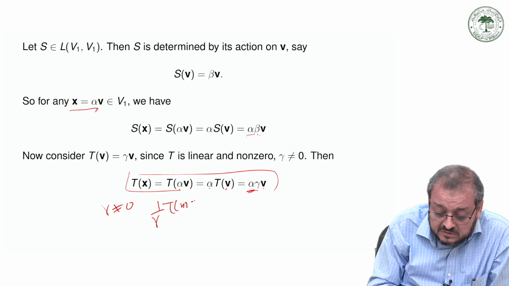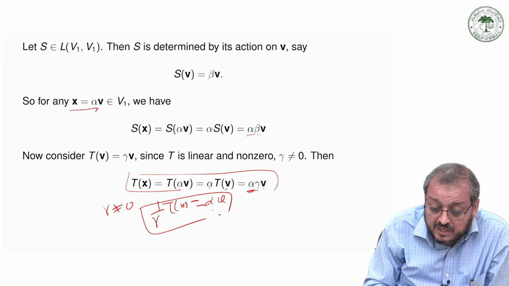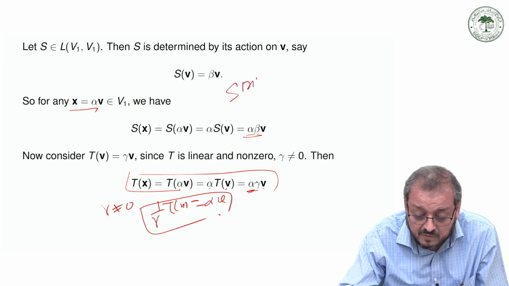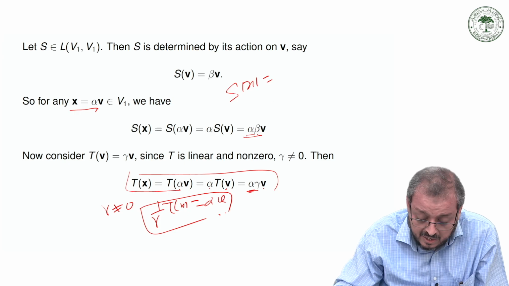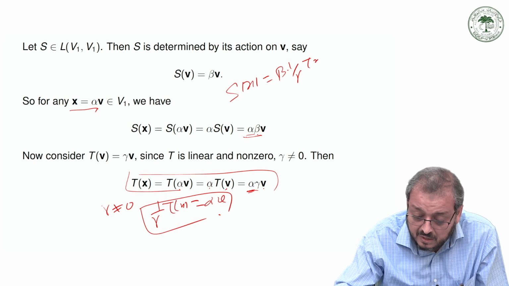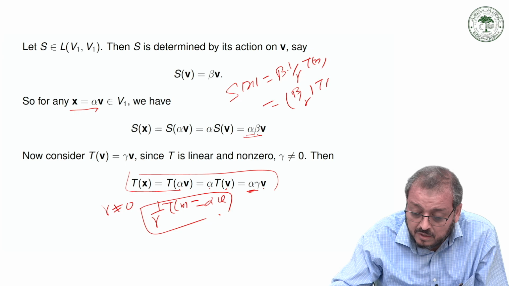T of x is equal to alpha gamma V. Now, writing S of x in the form alpha beta V, we can write beta into 1 upon gamma times T of x. So this means S of x is equal to beta upon gamma times T of x.